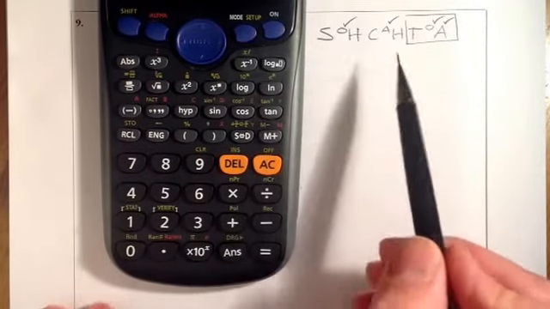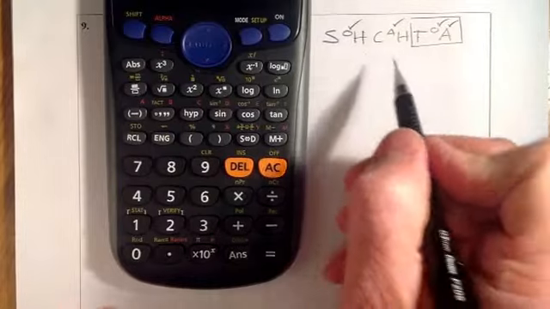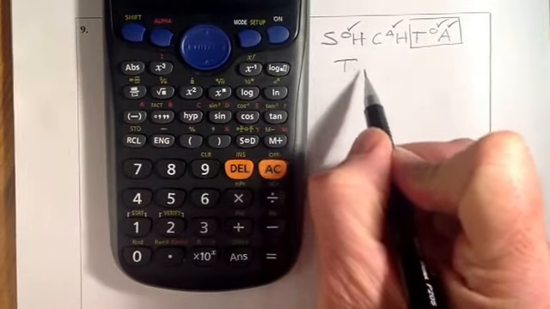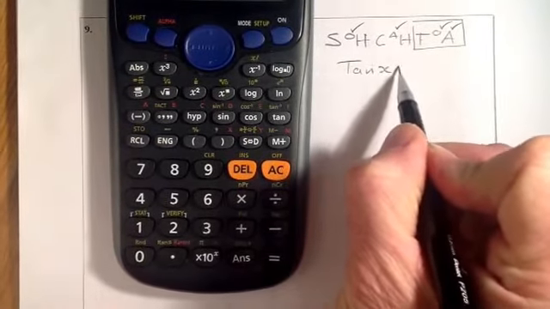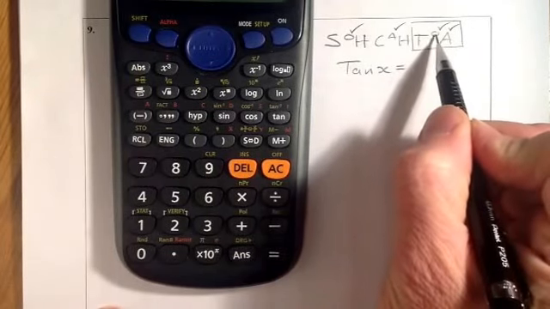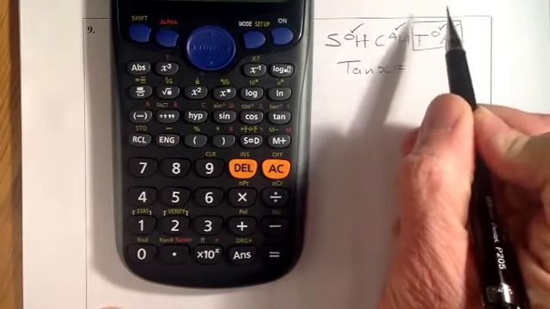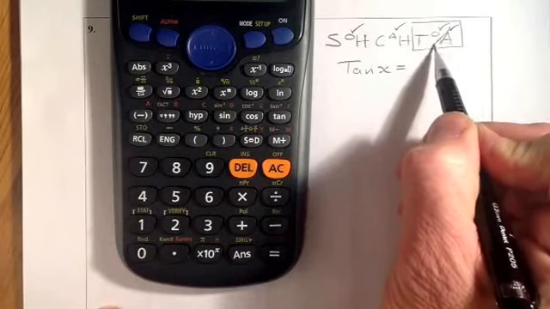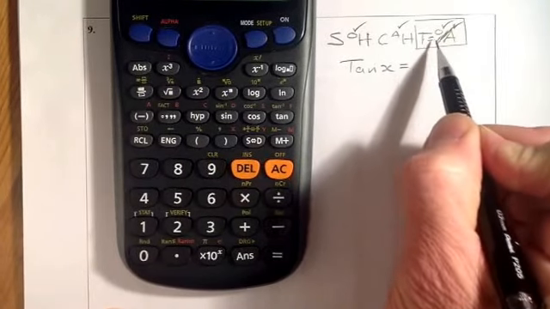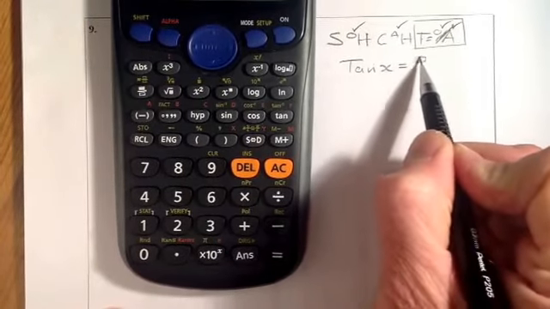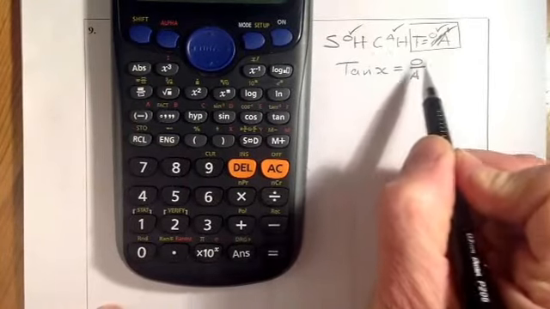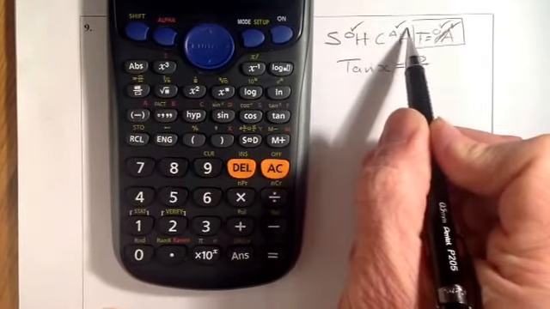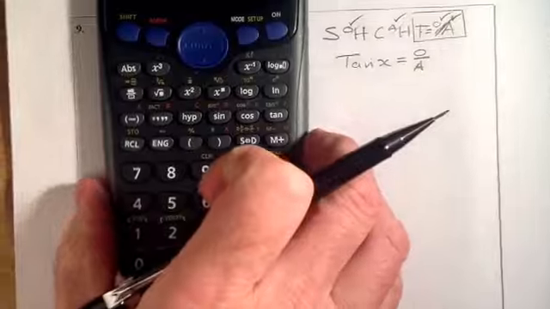So first of all I'm going to write down the tan ratio. Tan X is equal to, and the way I've written that, I've written the middle letter up, because that's going to go on the top line. So tan X is equal to the opposite over the adjacent. It's the same if it's a sine or a cosine, they would be on the top.